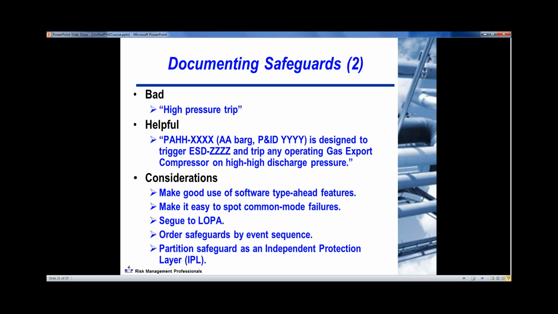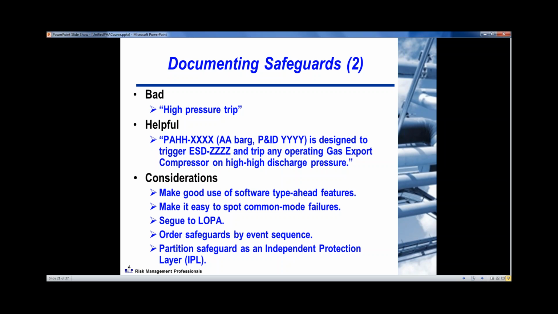Another example, a bad example: high pressure trip. A good way to do this is to put in a specific tag number, for reasons I just described, referencing what ESD function it is, if it's an ESD function, and what it does. All those things are very helpful for making sure the team does a good job. I talked about the software type-ahead features. Also, by putting in specific control loops and tying it to the transmitter when appropriate, or to the ESD function, you can help spot common mode failures.